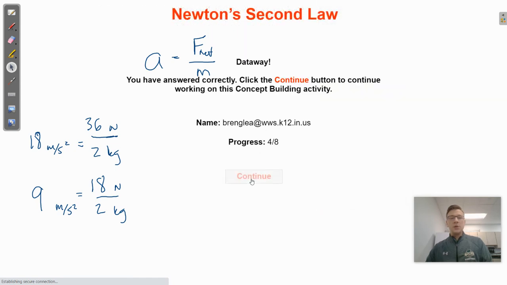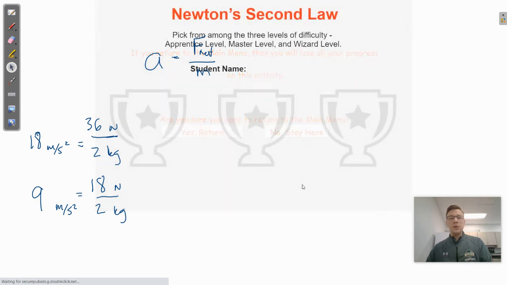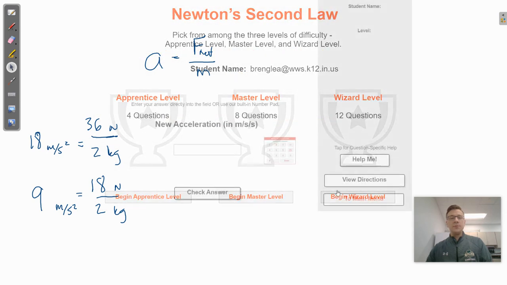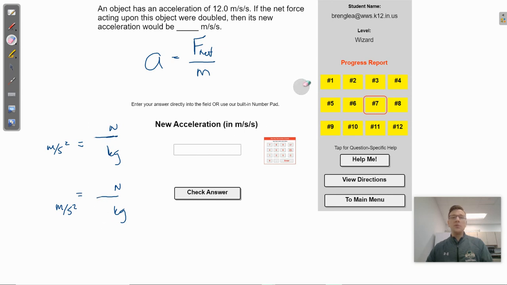Okay, all right, let's go ahead and head back to the main menu. We'll go over to the wizard level, and we'll do a couple of these. So this one says that the object has an acceleration of 12 meters per second squared. If the net force is doubled, what would the new acceleration be?